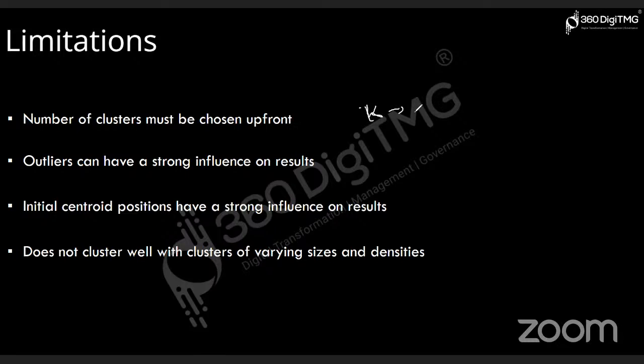But if this k value is not correctly chosen, we will not get a good clustering. And if we don't get a good clustering, we will not be able to logically explain the clusters. The main thing here is to logically explain or define the cluster. If this cannot be done, then the clustering is not good.